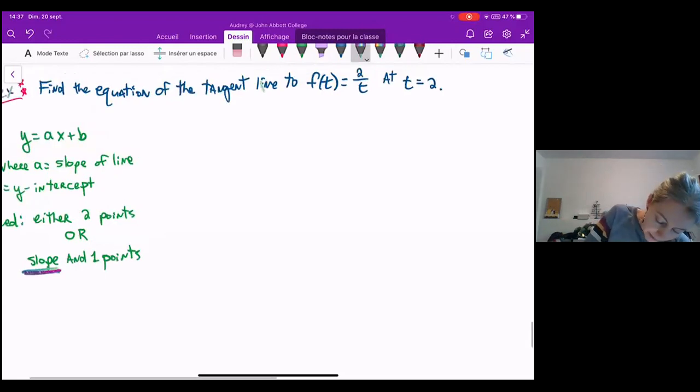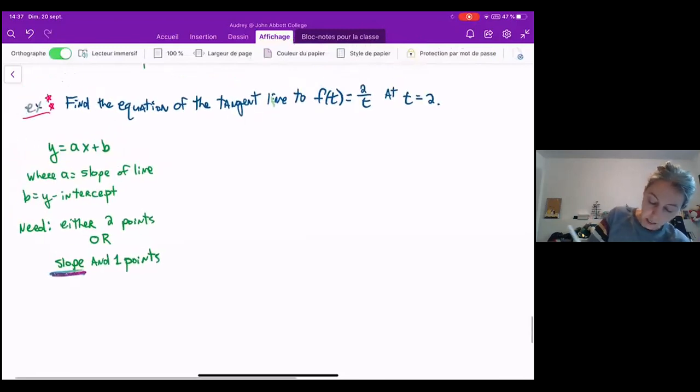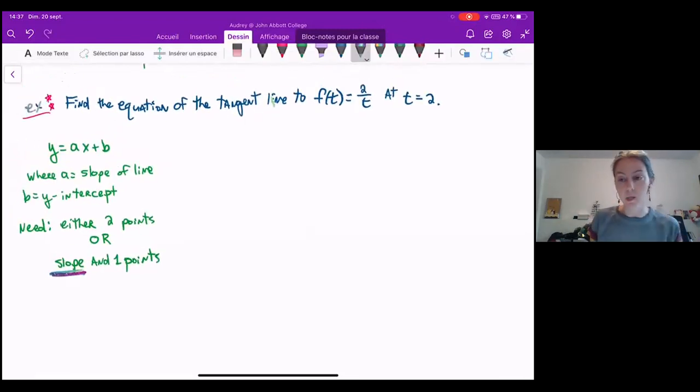So I'm going to name these steps a little bit differently because the question is a little bit different, but ultimately we're going to be doing the same thing that we've been doing with just a couple extra steps. So my first step is going to be to find the derivative of the function in order to find the slope.